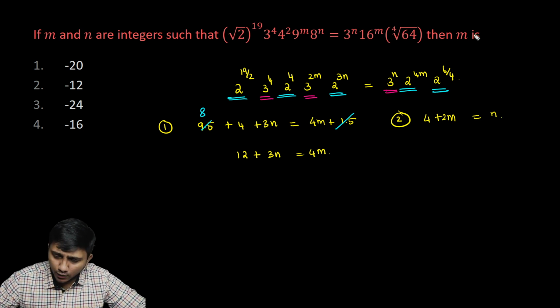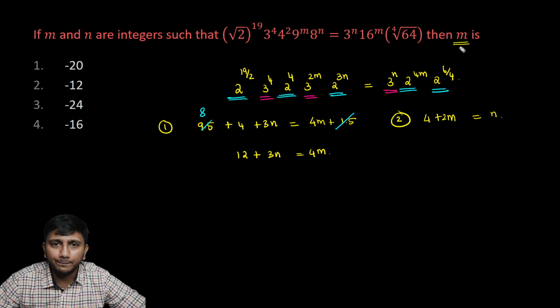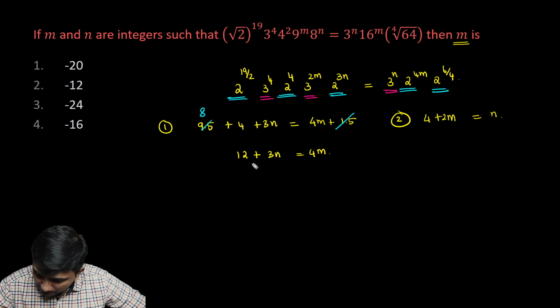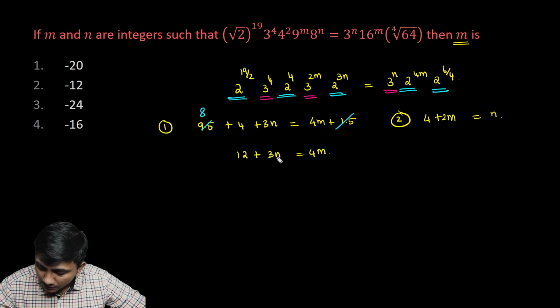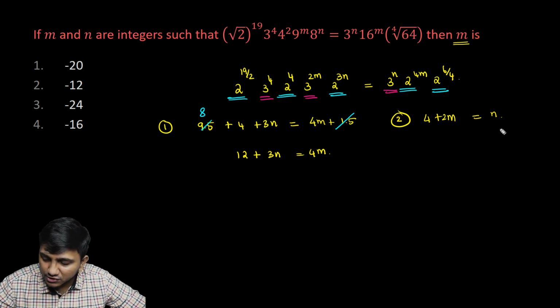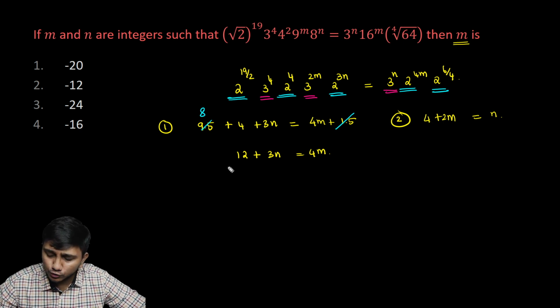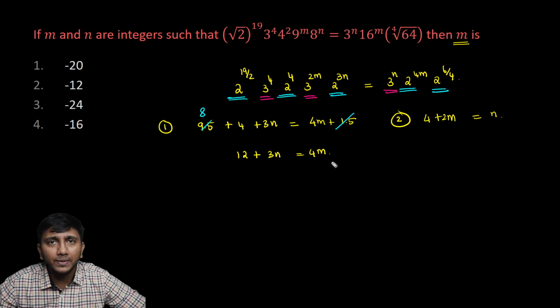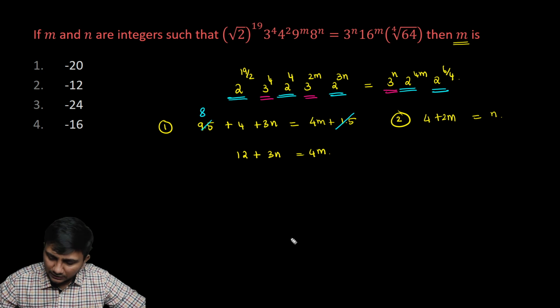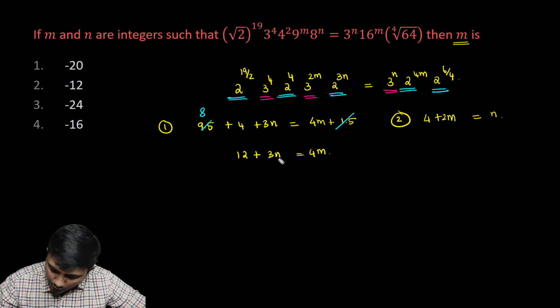Now what is the question asking for? Question is asking for value of m. So I can replace n here because I have an expression from the second equation where n is equal to 4 plus 2m. Let's do that so that we'll have the equation completely in terms of m, and m is what we are supposed to find. 4 plus 2m, I'm going to replace that for n.